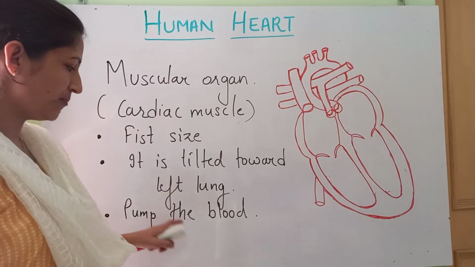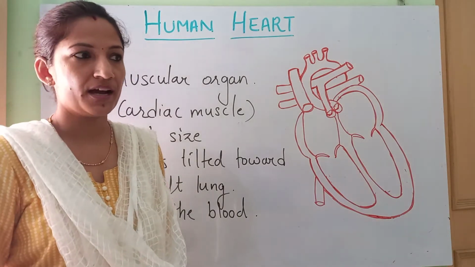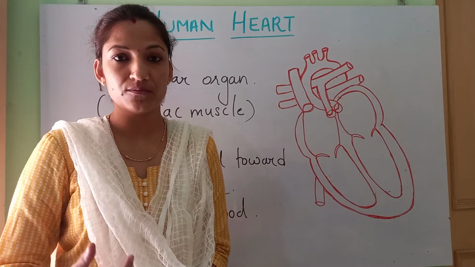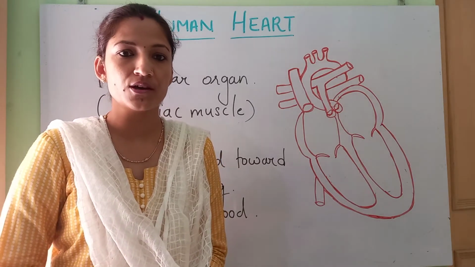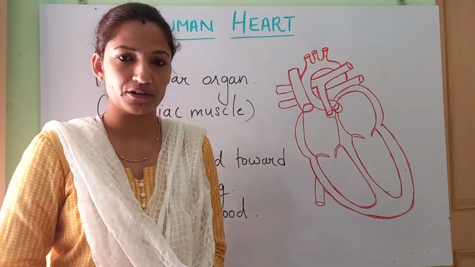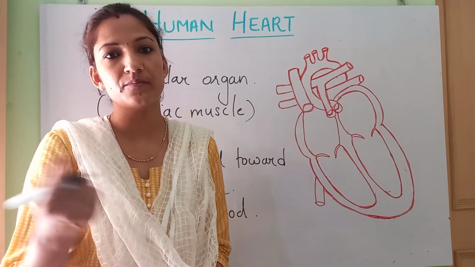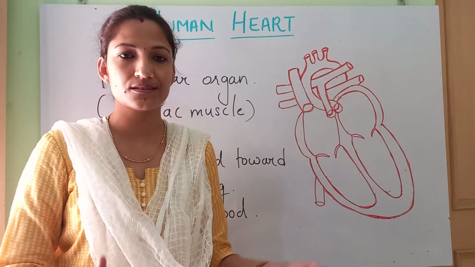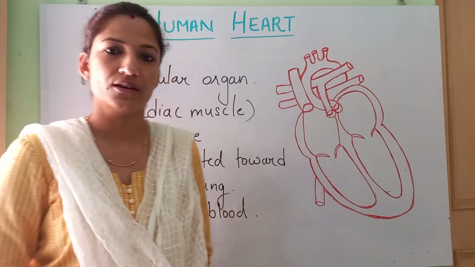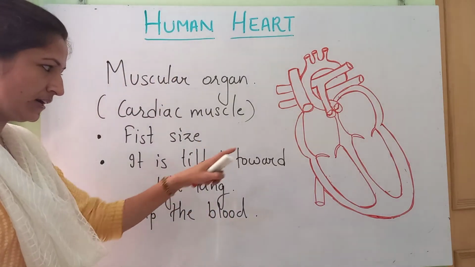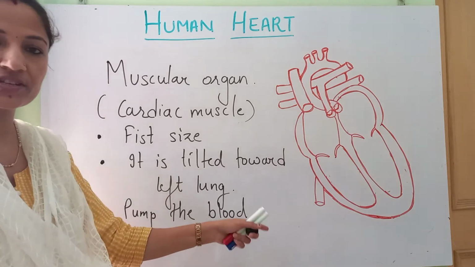So that is a pumping system. Similarly, there is a water pump motor in our houses. With that water pump we transport the water in pipes to the distant parts of the house. In the same manner, the heart pumps the blood that reaches the different parts of the body.